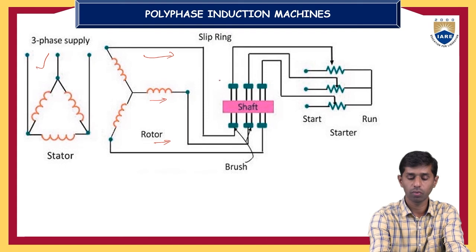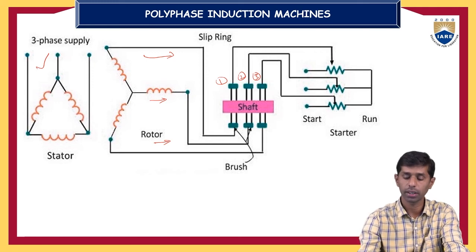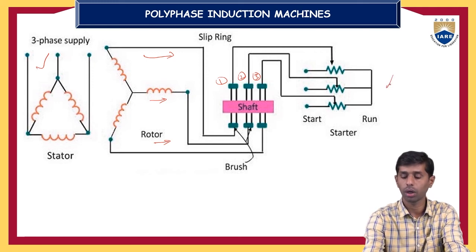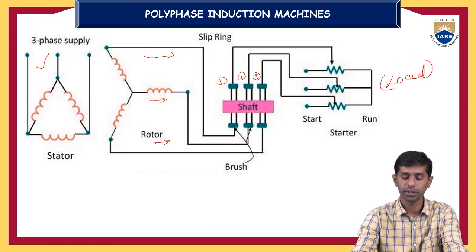So these three slip rings, 1, 2 and 3, are connected on one side to the rotor winding, and on the other side to a load, or a resistive load, or any kind of load, or else by 3 rheostats. That means variable rheostats.